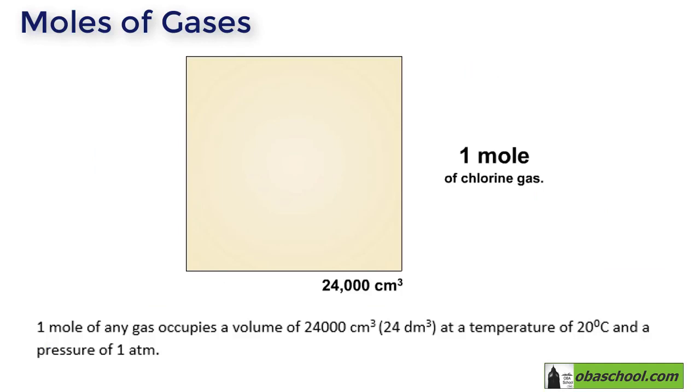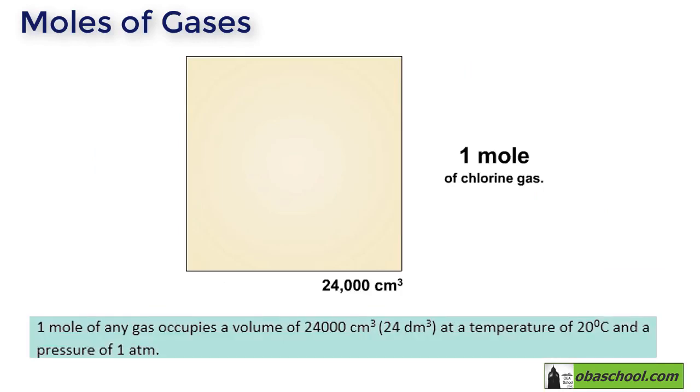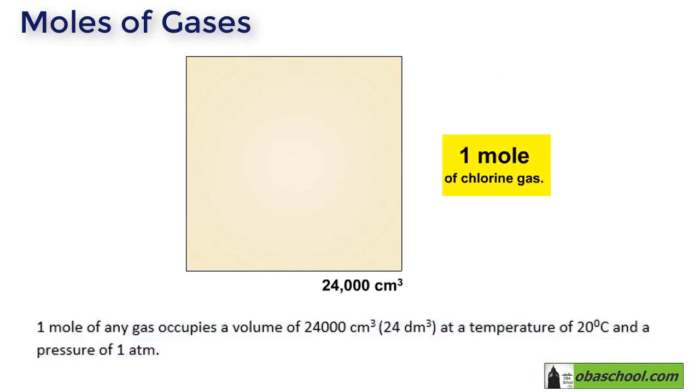We can say that 1 mole of any gas occupies a volume of 24,000 centimeter cubed or 24 decimeter cubed at a temperature of 20 degrees Celsius and a pressure of 1 atmosphere. So 1 mole of chlorine gas, for example, occupies 24,000 centimeter cubed.